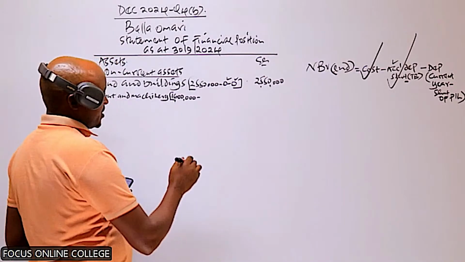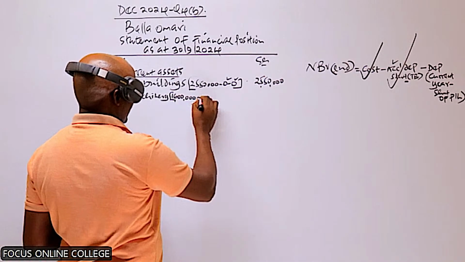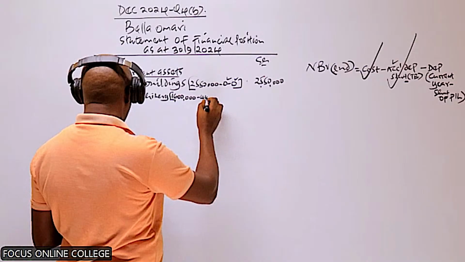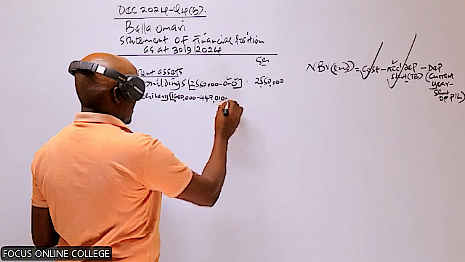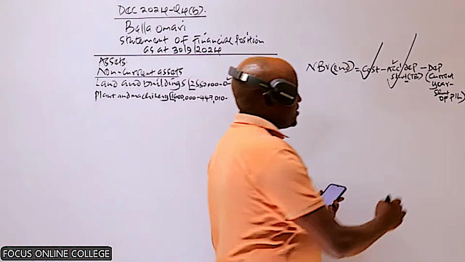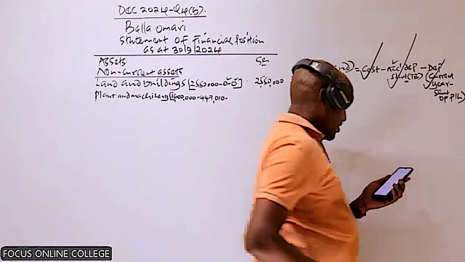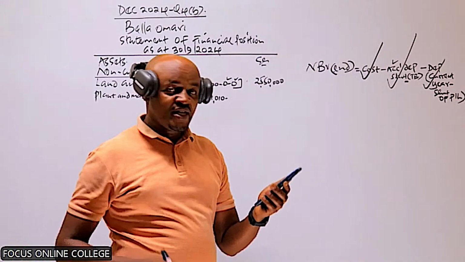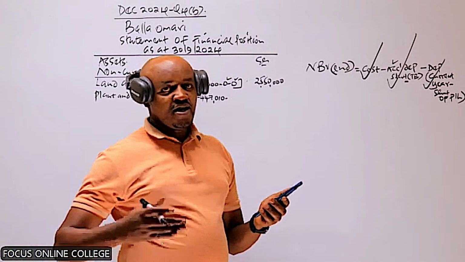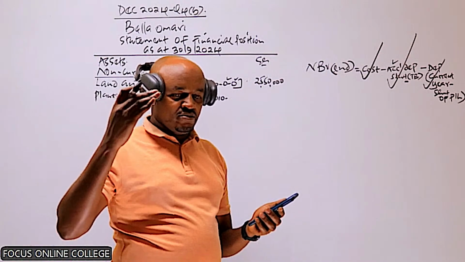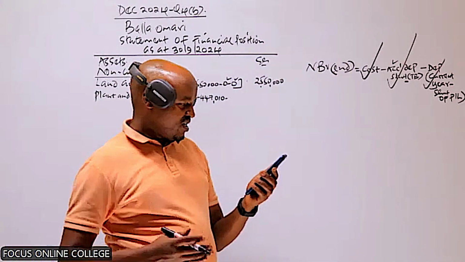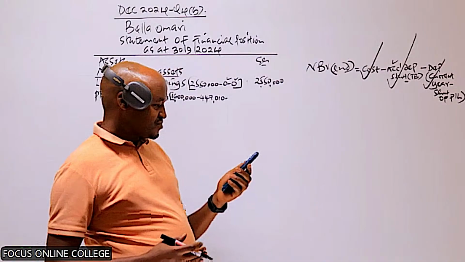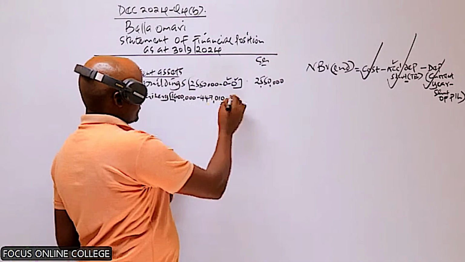Yes, so the accumulated depreciation at the start is 447,010. And then to this we subtract the depreciation for the current year. This is the depreciation which we computed as per note number 6, and also the depreciation which we recognized as an expense in the income statement. So who can give me that depreciation for this one? I think it was 400,000.